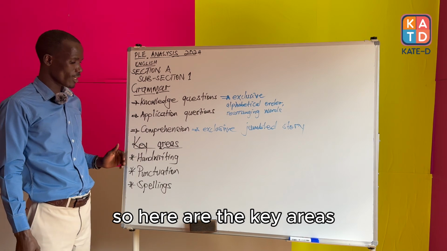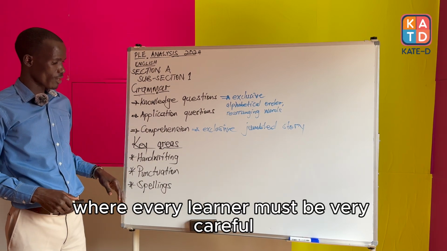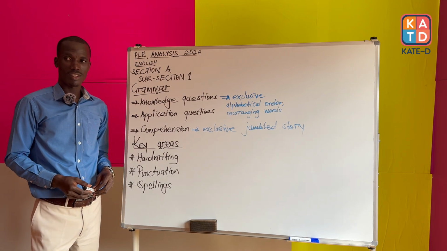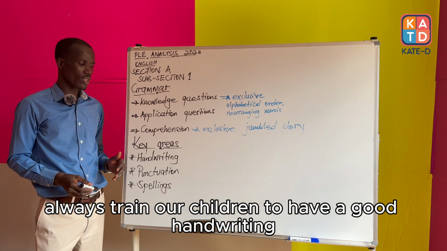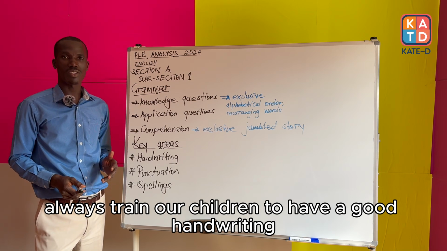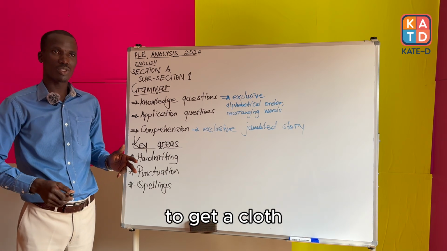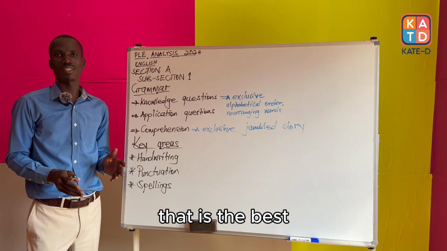So here are the key areas where every learner must be very careful. Area number 1 is the handwriting. Dear learners and viewers, let us always train our children to have a good handwriting. It is just like if you go to the market and you are to get a cloth, you have to look for the one which you see that is the best.